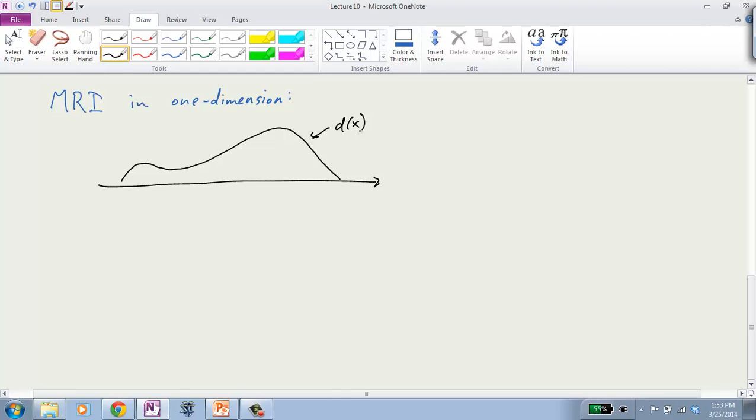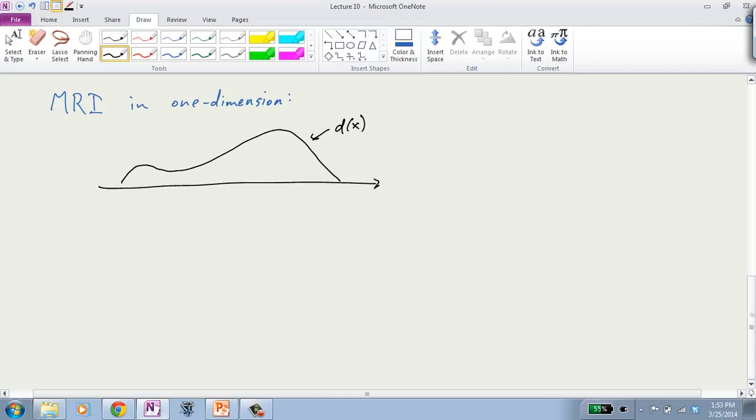But what we actually are able to do is, when we now apply a magnetic field, B naught, plus, let's say, some gradient times x. So it's just a linear function of x.